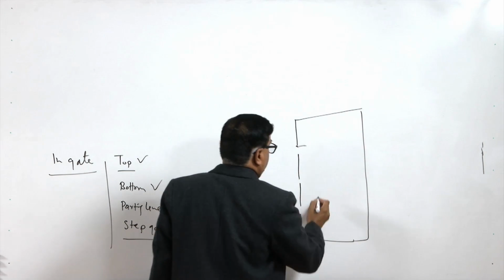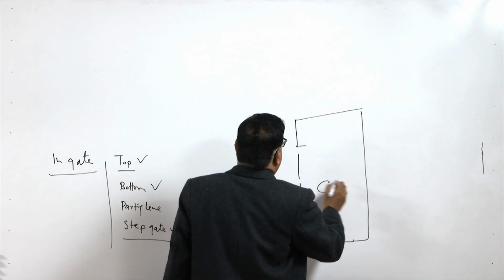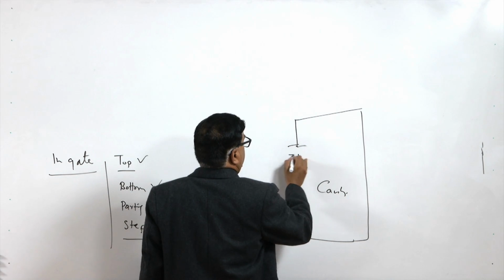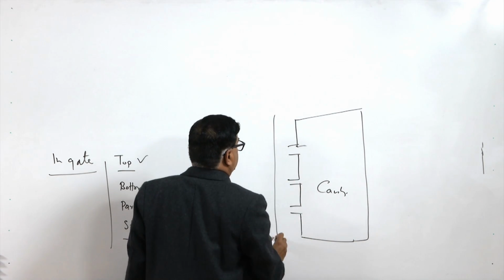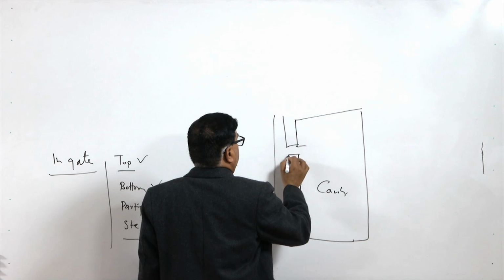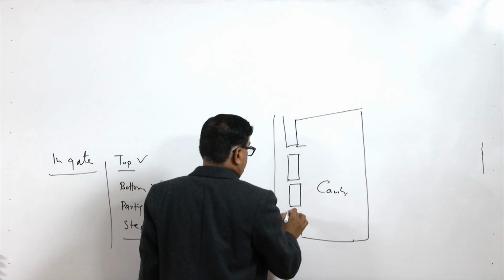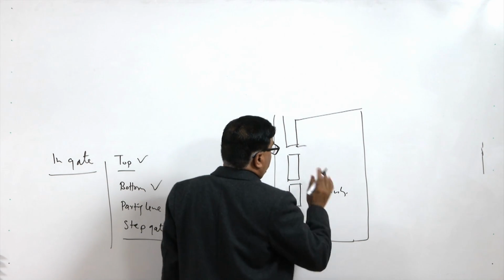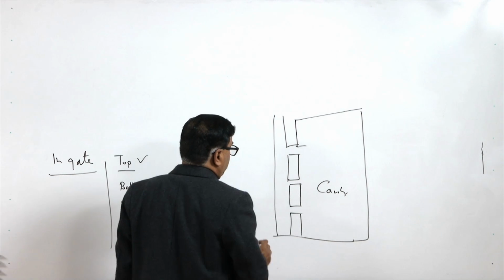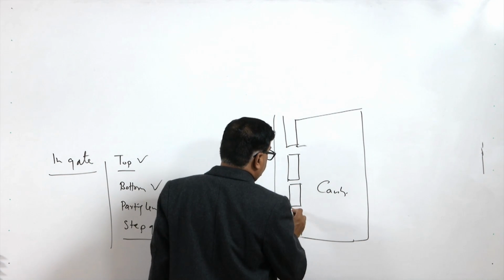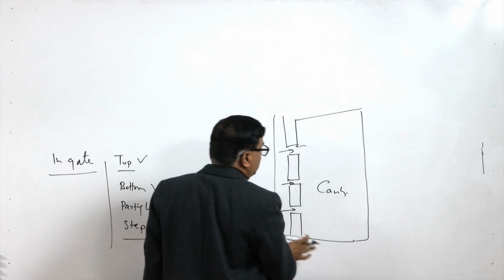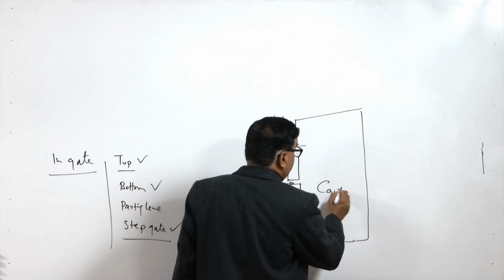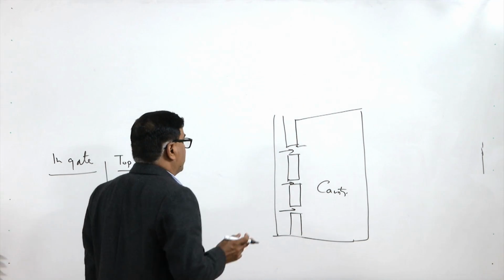Like, this is the cavity, and these are the in gates, and this is the runner. This is the top view of the cavity. So, here molten metal will be fed through these different in gates at the same time. So, the large size cavity can be filled in the minimum possible time through these number of gates.